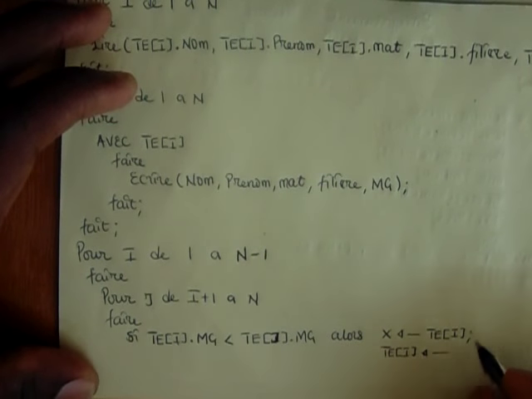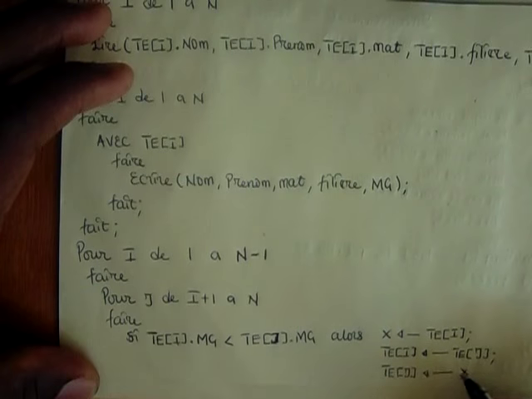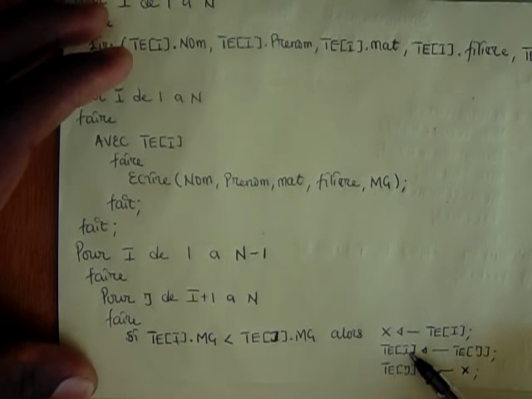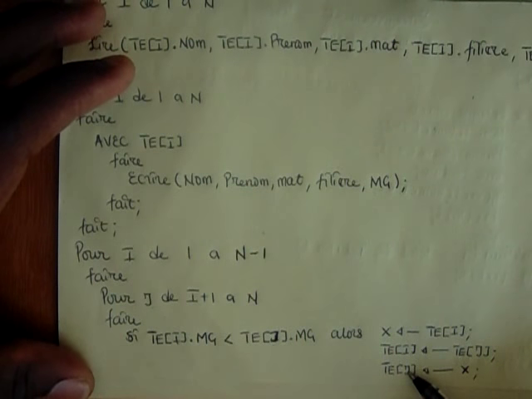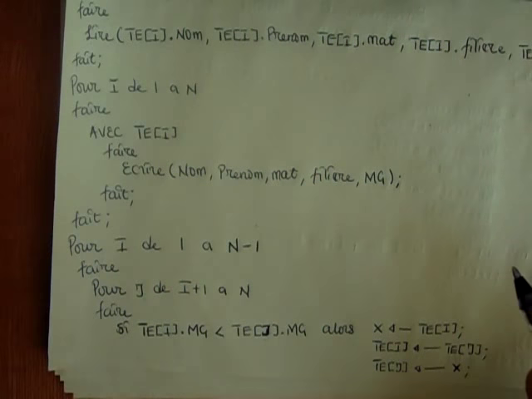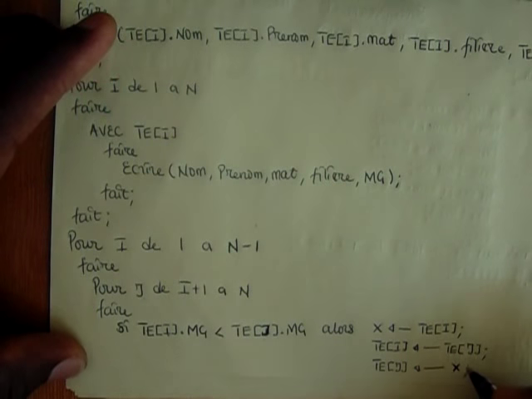So TE of I will collect TE of J. Then TE of J will take X. So we have interchanged them using permutation. So TE of I becomes 20 and TE of J becomes 17. So this is how we start the rearrangement to get our sorting in decreasing order.